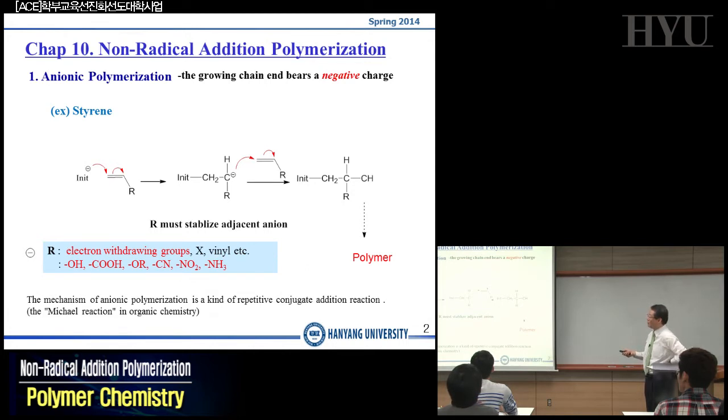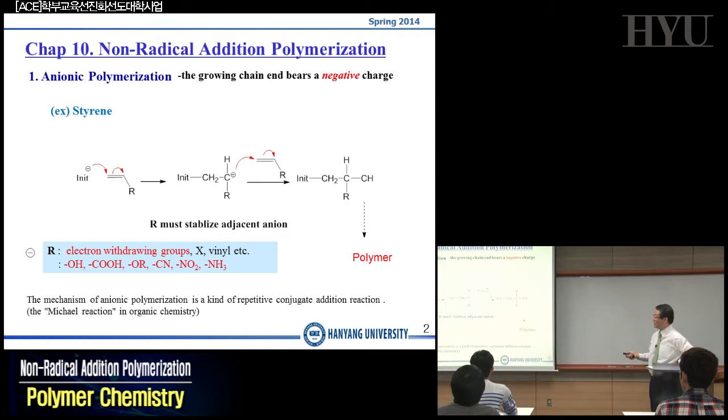Okay? But when you have an initiator, it should have a negatively charged ion at the end of your initiator, such as butyl lithium. The butyl group will attack one of the chain ends, and you open this chain and it will become the carbanion at the end of your chain.